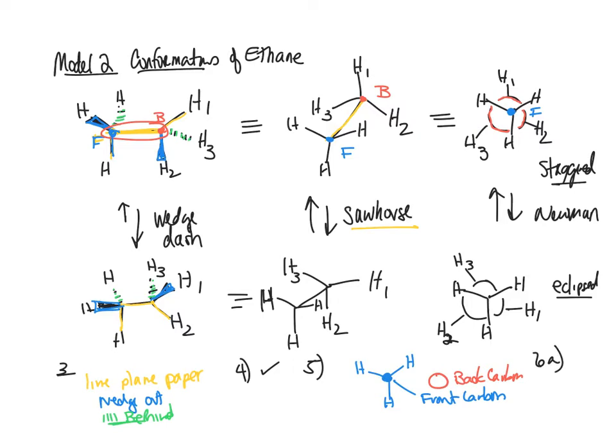Okay, number 6. 6A, from Model 2, compare the 2 conformations of ethane, staggered and eclipsed. Okay, so we're looking at staggered and eclipsed. What is different between these conformations? Okay, so what is different? This is a way to look at the dihedral angle. So if you're wanting to look at the dihedral angle between this hydrogen and this hydrogen, this angle here is the dihedral angle.